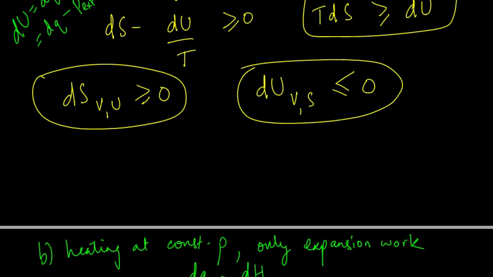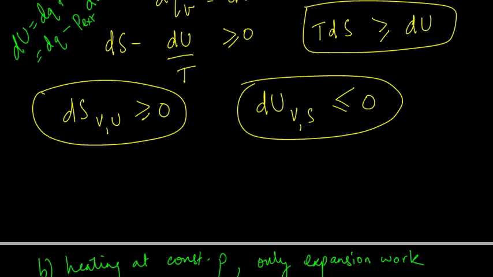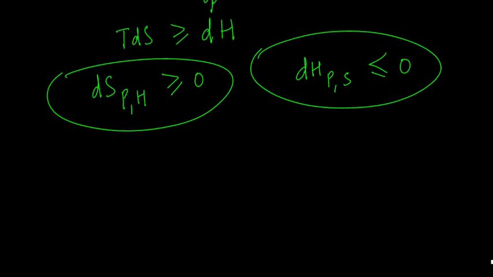Okay. So now what you're seeing over here is essentially dU minus TdS is less than or equal to 0, right? Or in the second case, dH minus TdS is less than or equal to 0. So let me write it that way.